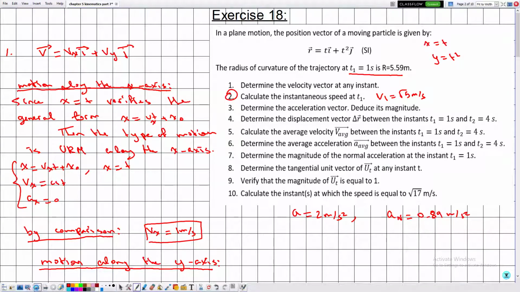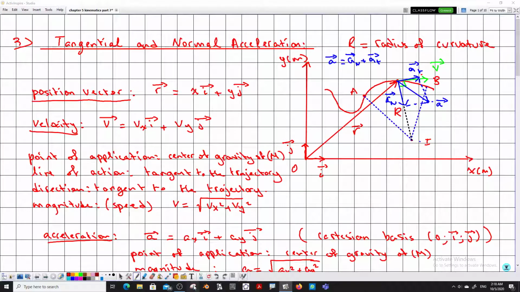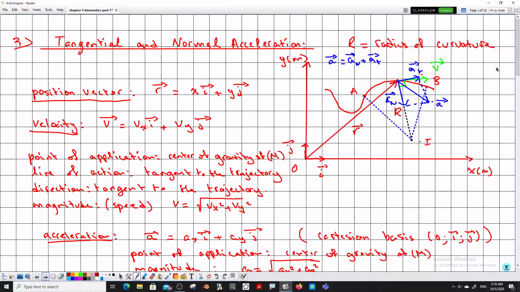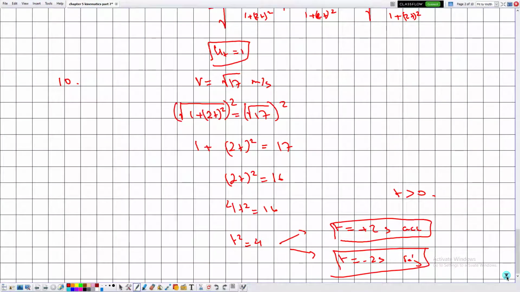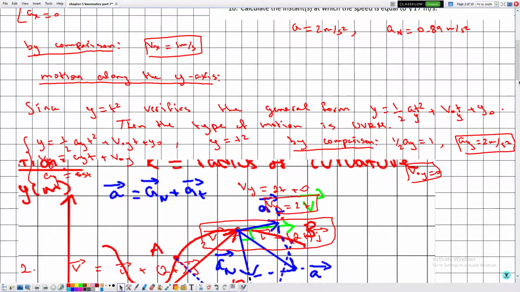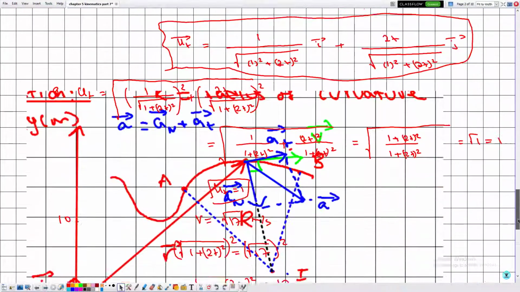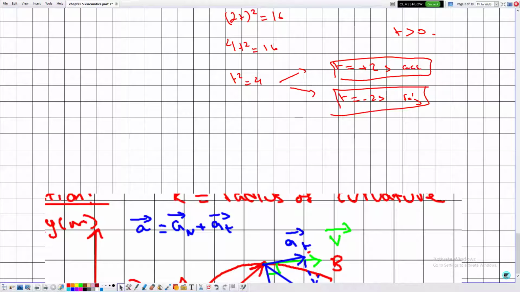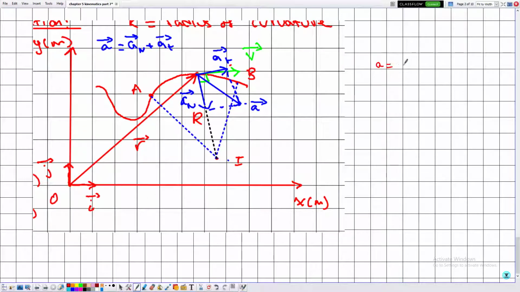Now if we refer back to the previous figure, in this case we have calculated the magnitude of the total acceleration, which is given by 2 meter per second square.